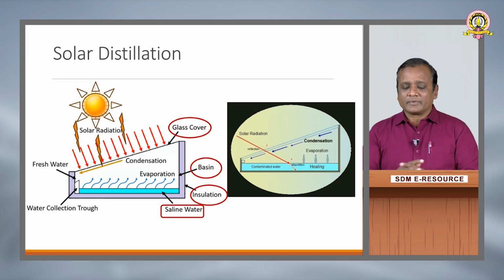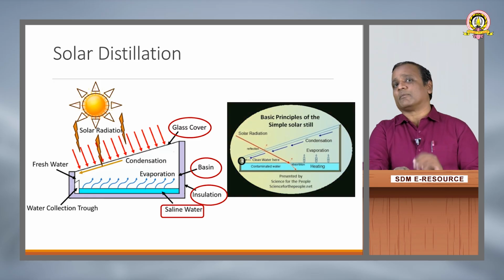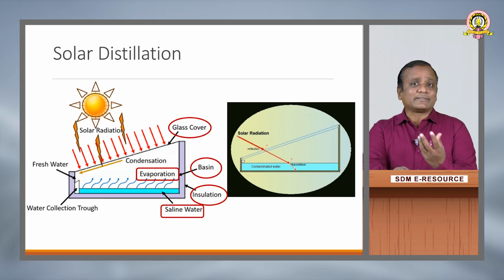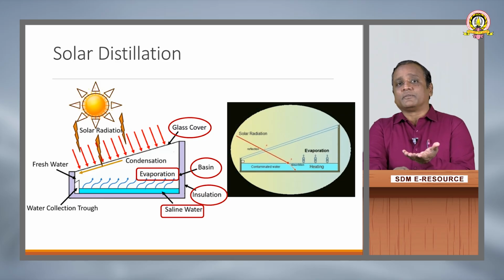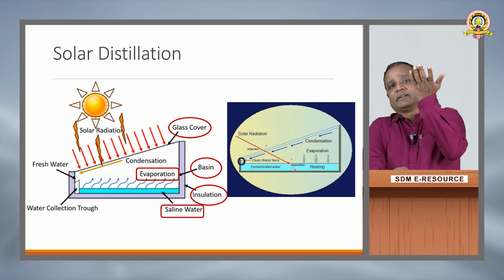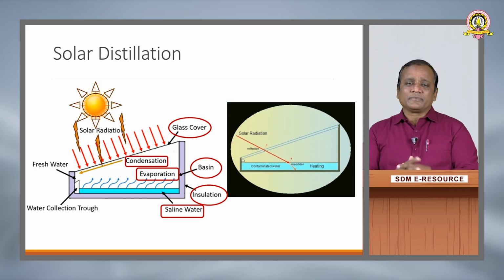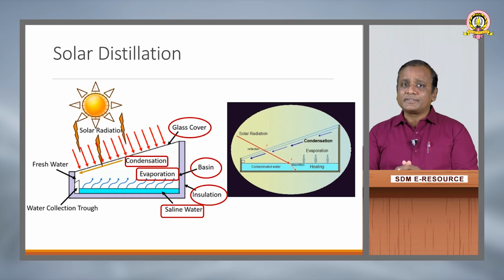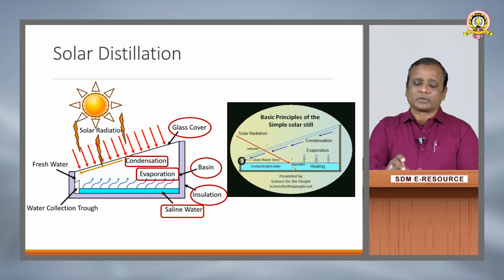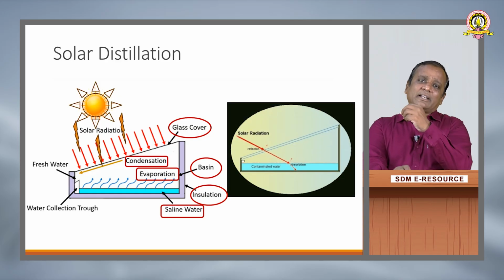The water gets heated up and evaporates. As it evaporates, it's lighter in weight, flows upward and sticks to the glass. After a while, the evaporated water condenses and converts into water droplets. Because of gravity, it rolls down.